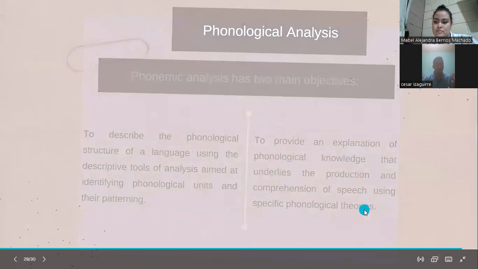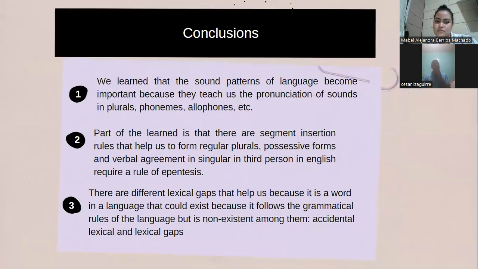In conclusion, we have three points, very basic, simple, and very interesting.